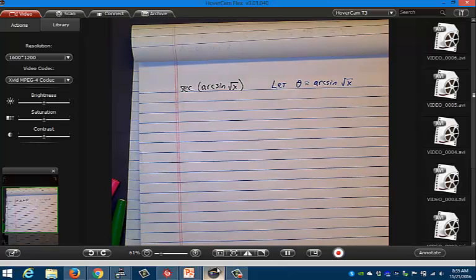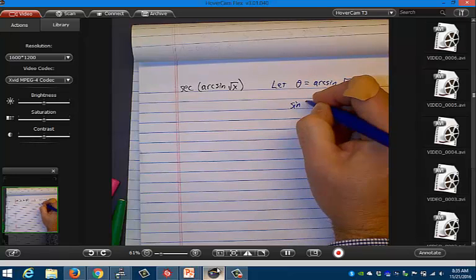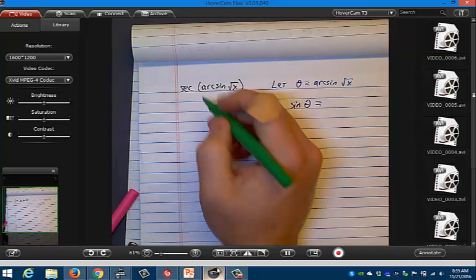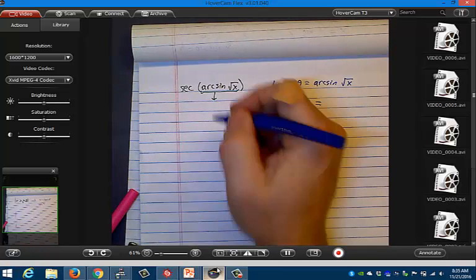And immediately when I do that, right away what do I write next? A regular trig function. Yeah, Jeff? Sine of theta equals, well, what? Now forget secant for a minute. Oh, I see what you're saying. Over here, you're right. This, we're saying, is becoming theta, right?